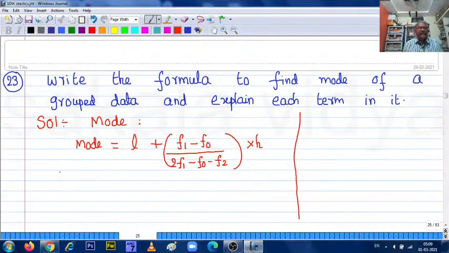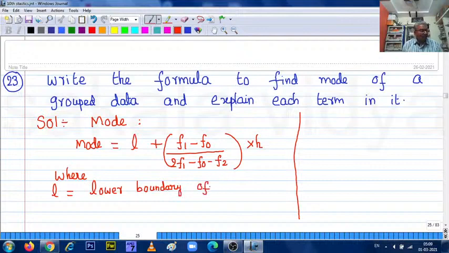So write down here, where L equals the lower boundary of the modal class, this is what L stands for.